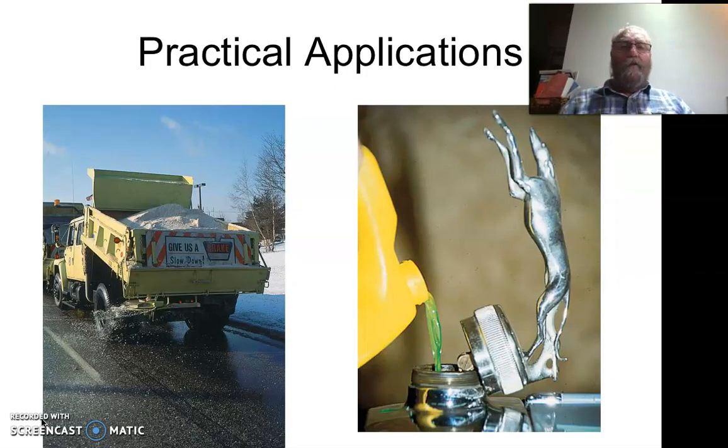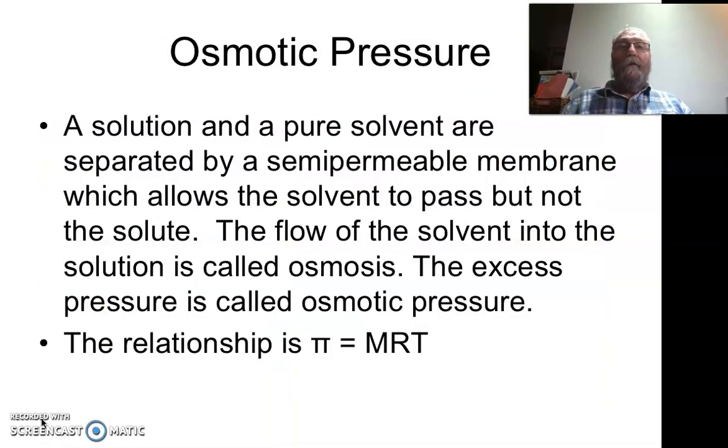A practical application of this is in places like Canada. They spread salt on the road because salt water has a much lower freezing point than ordinary water, so it causes the ice to melt. Same with putting antifreeze into a car radiator.